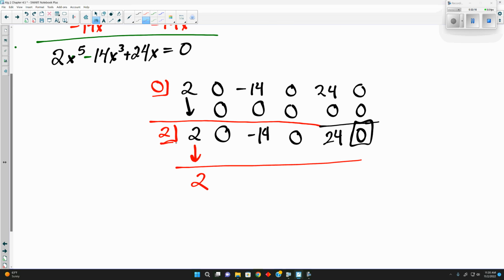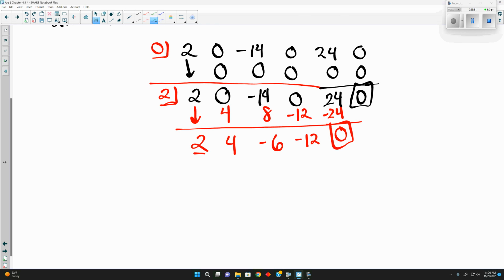So now we'll do 2 times 2, which is 4. 0 plus 4 is 4. 2 times 4 is 8. -14 plus 8 is -6. 2 times -6 is -12. 0 plus -12 is -12, and lastly, 2 times -12 is -24, and 0 plus -24 is 0.